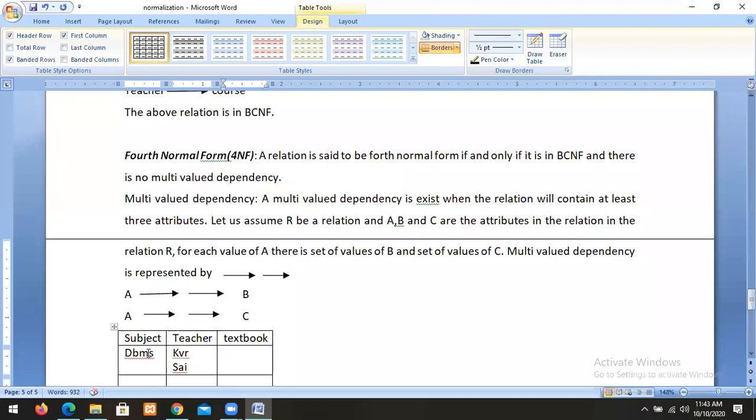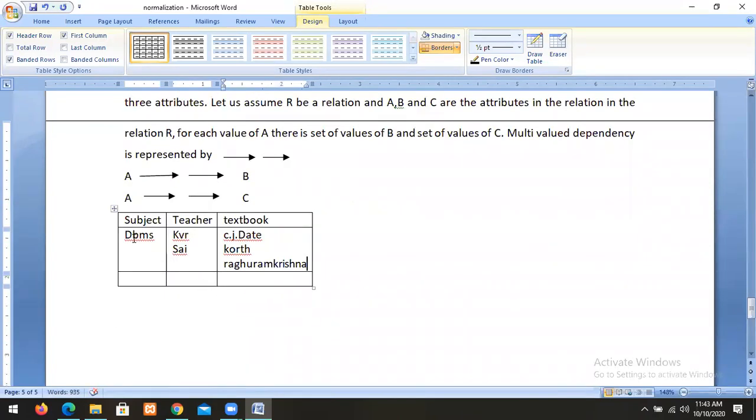So what are the textbooks? I will use C. J. Date, and Raghu Ramakrishna. Suppose the DBMS subject is taught by two teachers, KVR and Sai. To teach this subject, we follow the textbooks C. J. Date and Raghu Ramakrishna.